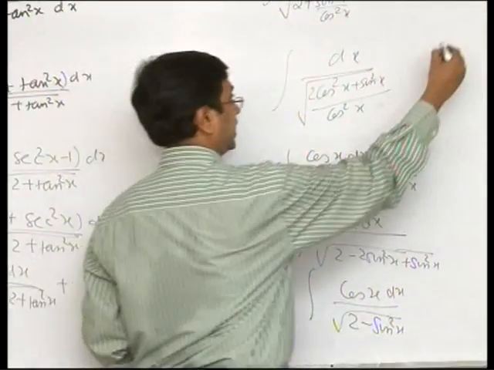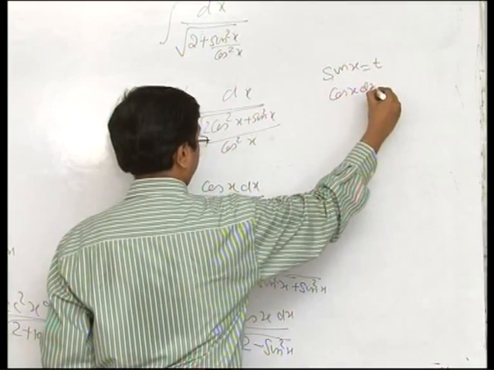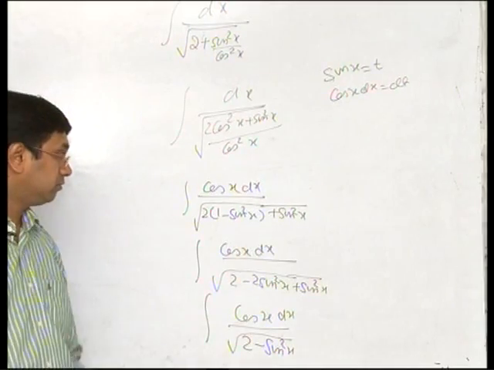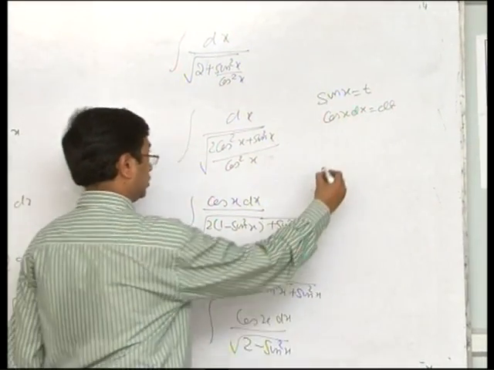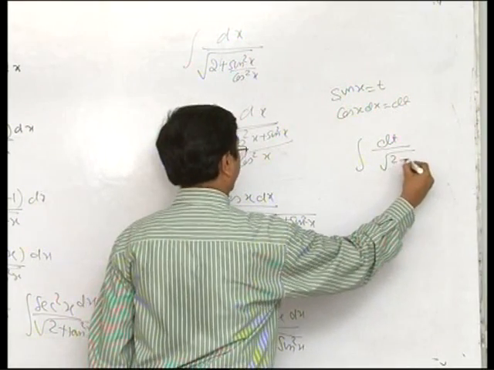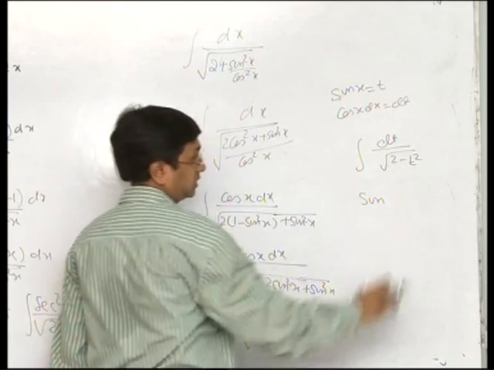So just sin x equal to t, and cos x dx will be dt. So after we have simplified, it becomes dt upon what? Under root 2 minus t square, that is the form of sine inverse, a square minus t square.